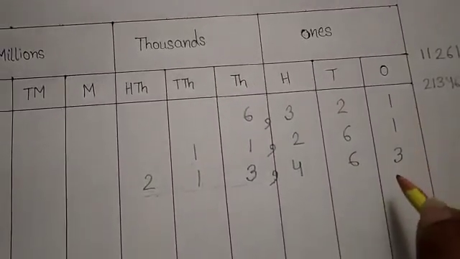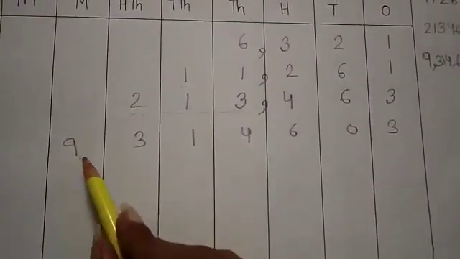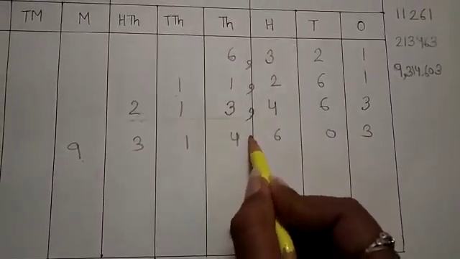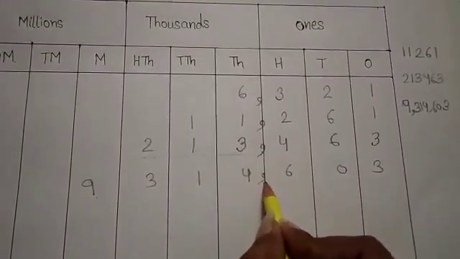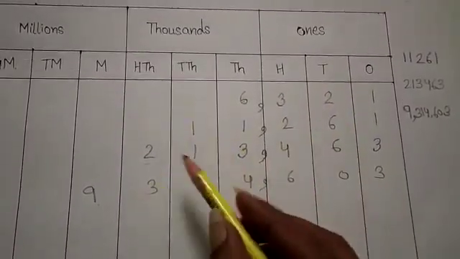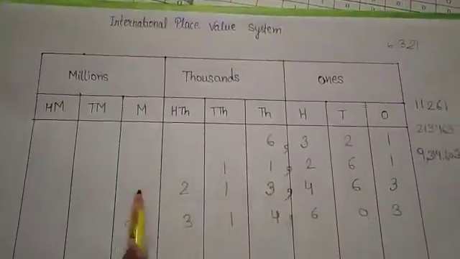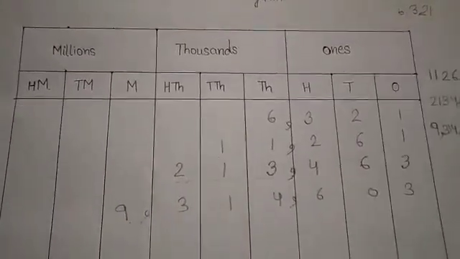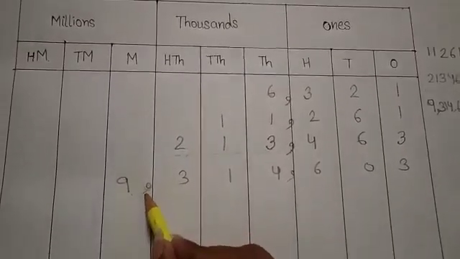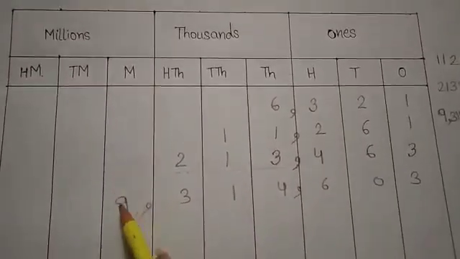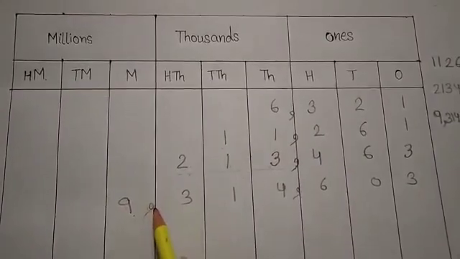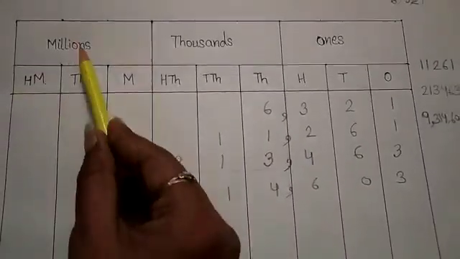Let us take another example. Now look at this number. Firstly, place the comma. So we place a comma between ones and thousand. After that, between thousand and million. Now how can we read it? Comma placed here. So 9 million, because 9 is in the million period.